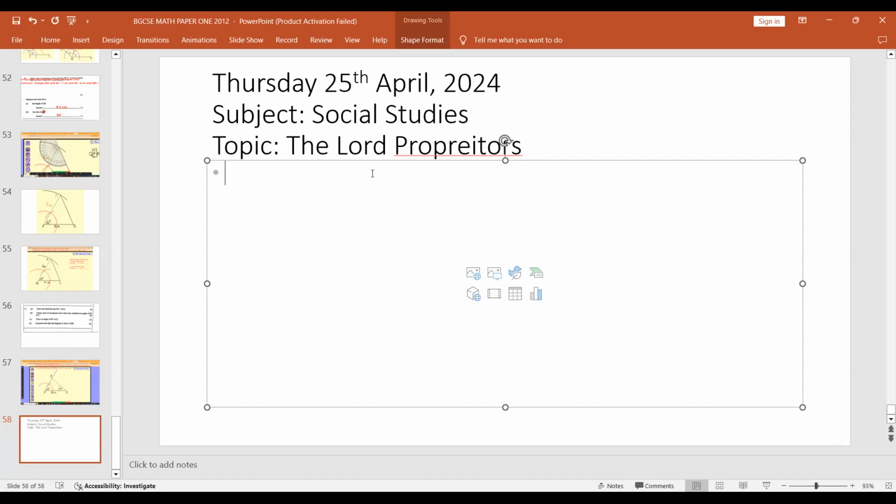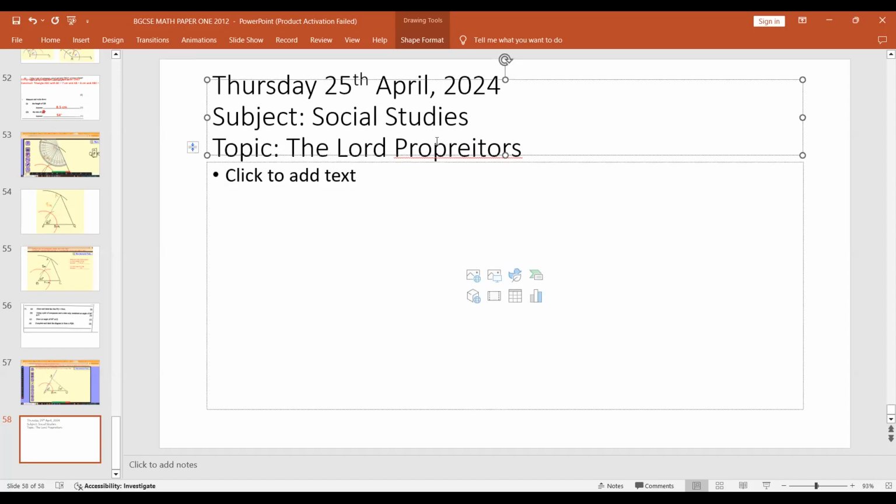So now we're looking at the Lord Proprietors for a while now. When we talk about the Lord Proprietors, we're talking about these men who wanted to govern the Bahamas. Can anyone not govern, but really rent or lease the Bahamas? Anyone remember the reason? What were they motivated by?